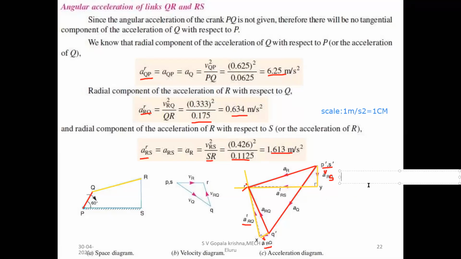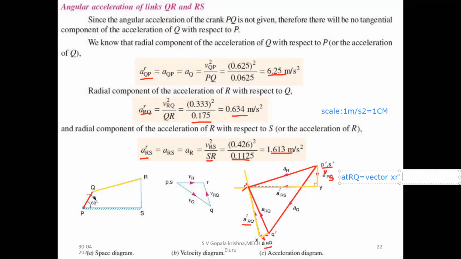Now going to find ATRQ equals to vector XR dash.